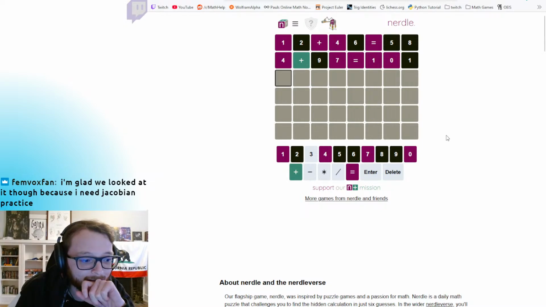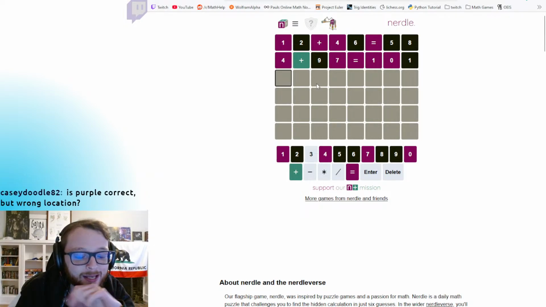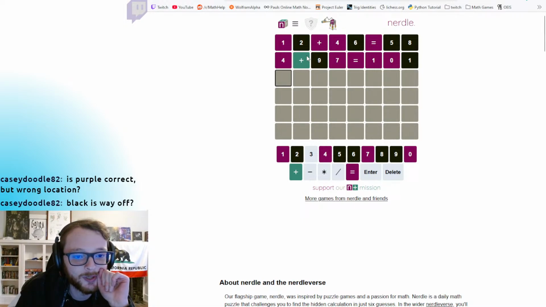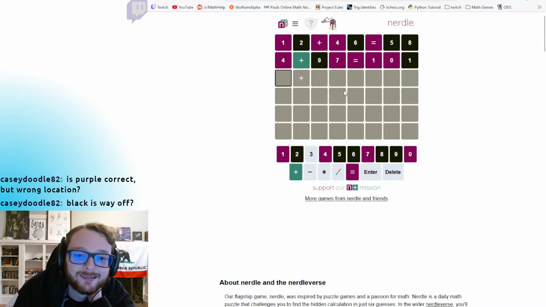No. It's not 1 digit plus 2 digits. Yeah, purple is correct, but wrong location. Black is nowhere in the equation. Blue or green or whatever color that is, right symbol in the right spot. So we know the plus is here no matter what. So the equal sign, what?